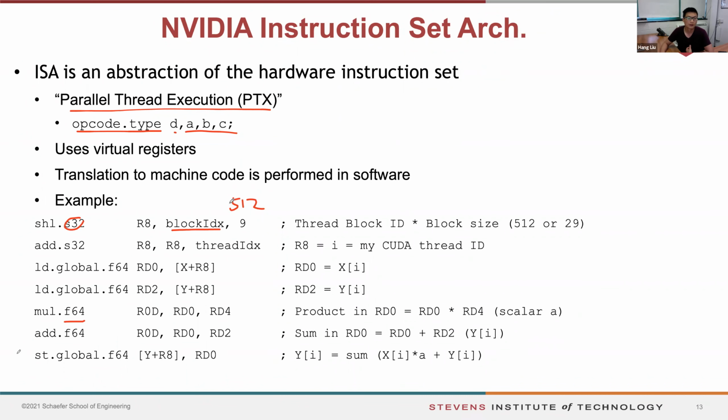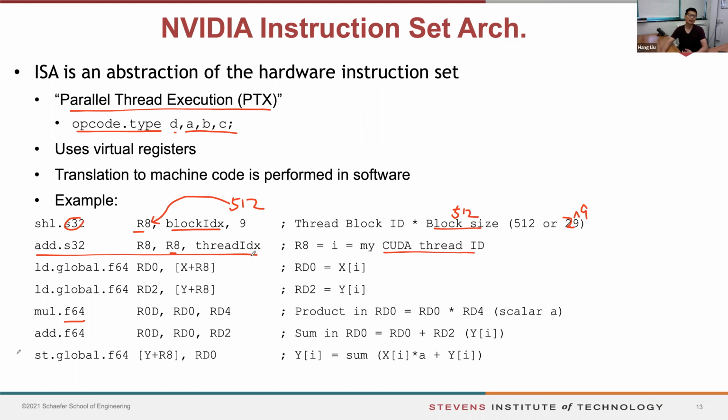We shift left by 9 bits, because the block size is 2^9, or 512. Then we add the thread ID to R8, which gives us our total CUDA thread ID in R8.